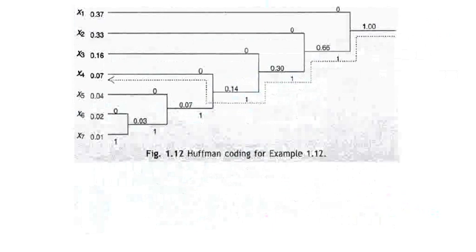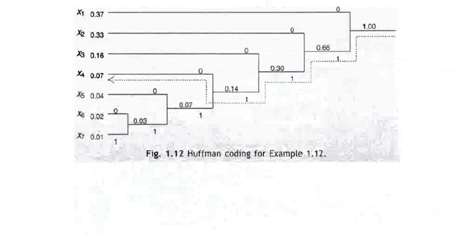After arranging them in decreasing probability order, we need to tie the 2 least probable symbols out of all symbols. X6 and X7 are the least probable symbols, and we combine both, and the combined probability we write on this line.